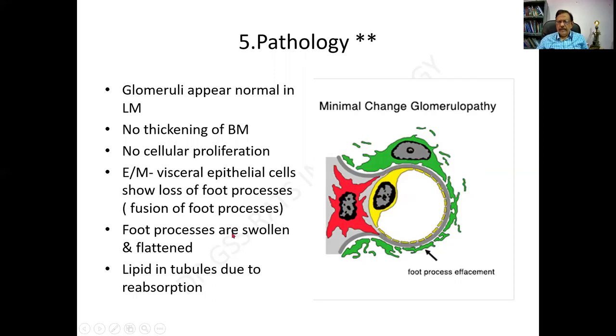They are swollen and flattened. And the tubules will be showing reabsorption of the lipids and hence there can be vacuolation. So this is a pathological picture. I repeat once again, glomeruli are normal. There is no thickening of the basement membrane, no cellular proliferation, and in electron microscopy, there will be loss of the foot processes. The tubules will be showing reabsorption of the lipids.